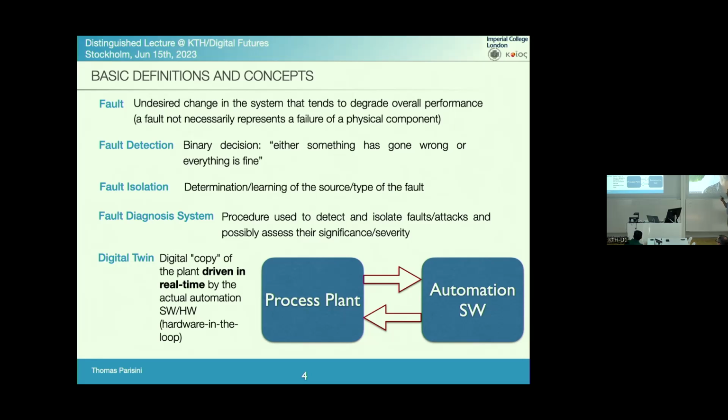It is a digital copy of the plant, not of the controller. The idea, which is quite obvious, is that you consider the plant and replace it with a copy of it, which means that you have a big simulator.